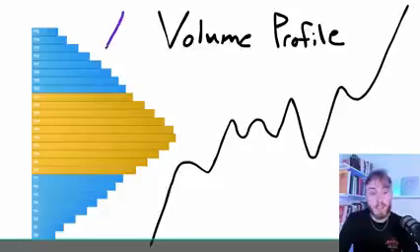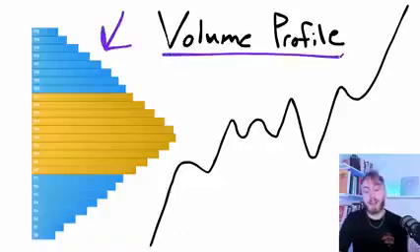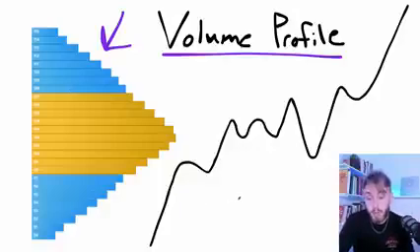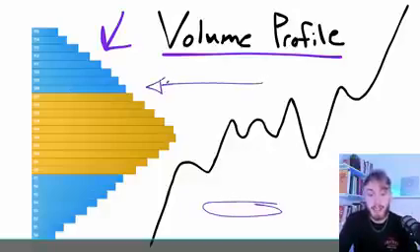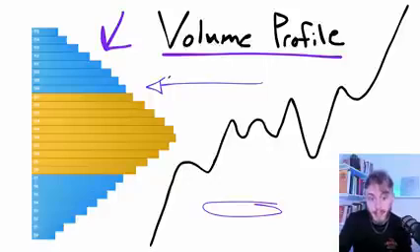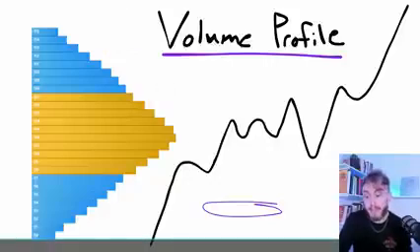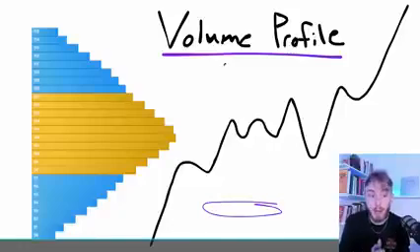All right, so right here you can see an example of a volume profile indicator. And as you can see, compared to the normal volume, where the volume bars are down here, the volume profile is actually right here on the side. And the first thing you need to know about the volume profile is that the height of the bars represents the amount of volume.